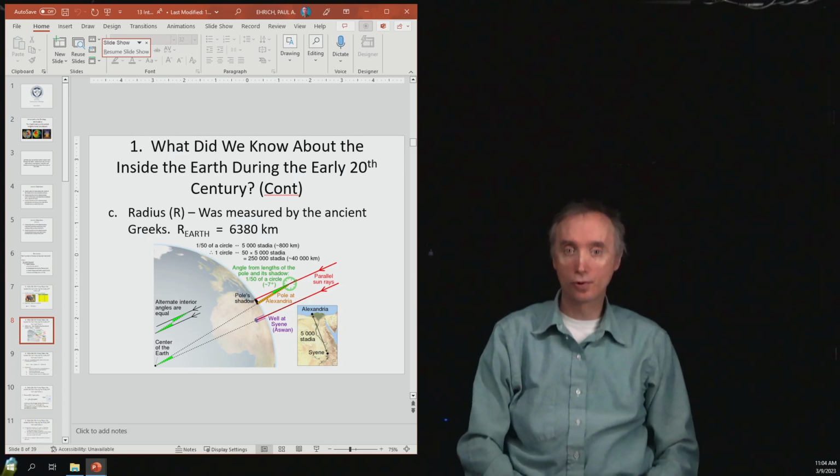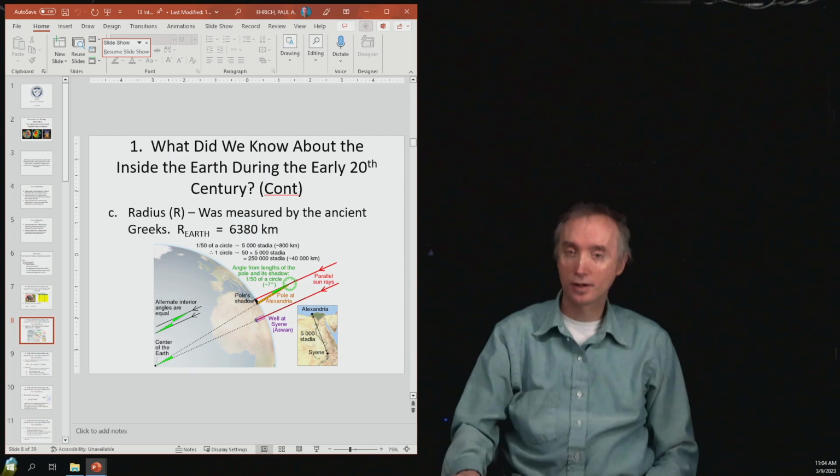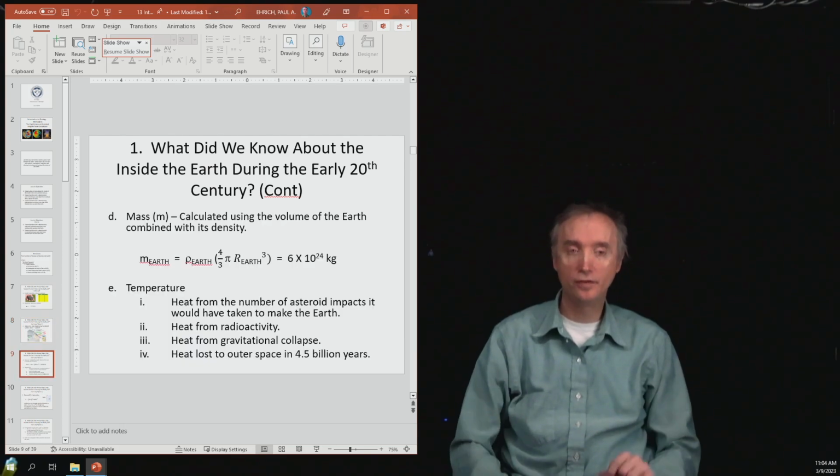So they used proportions to figure out the radius of the Earth, and they got a number that is within 1% of the accepted number for the radius of the Earth, which is about 6,380 kilometers.